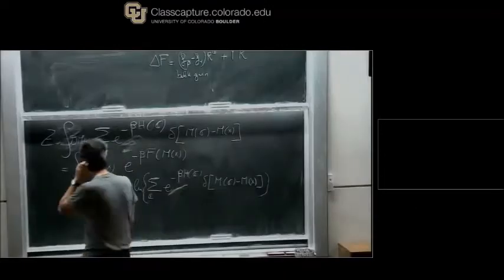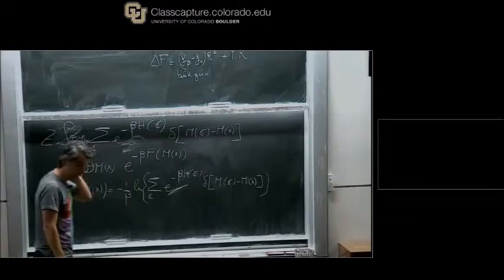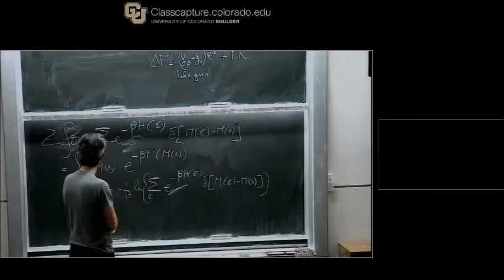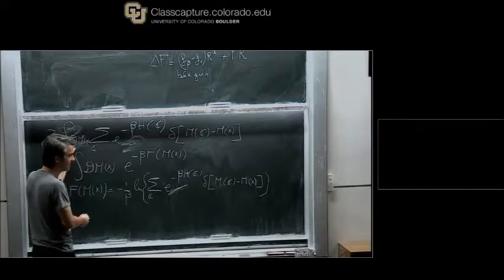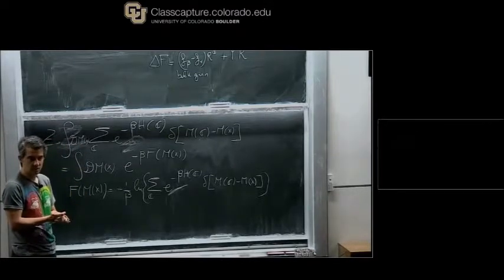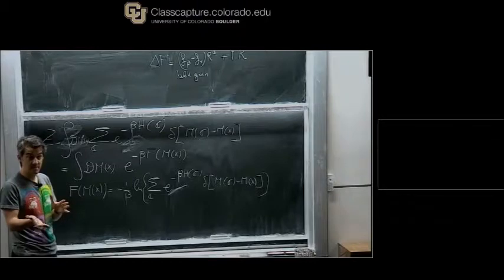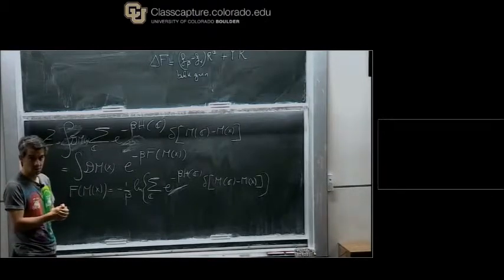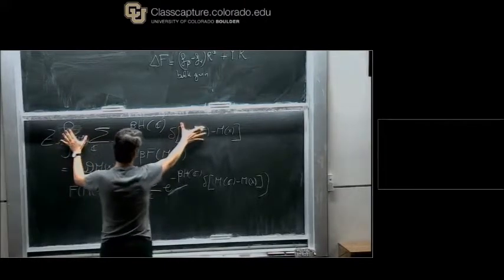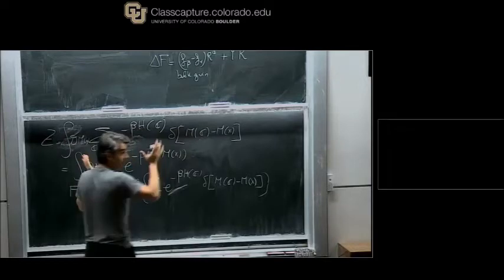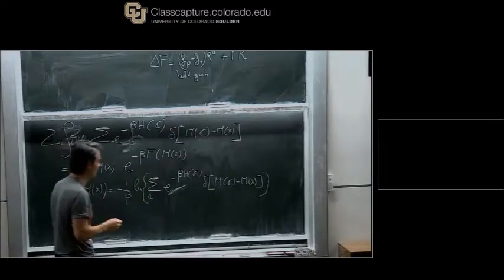Okay, so what you can do for glasses, well, now I'll do something that, in principle, one shouldn't do. For glasses, we know what the order parameter is. We discussed it yesterday. Instead of m, it is the overlap q. Okay? So what I have to do for the partition function is always the sum over C of exponential minus beta H of C. But you remember the order parameter is the overlap q, remember?